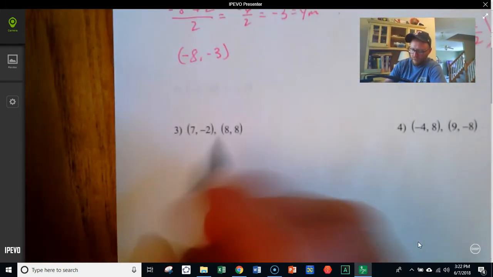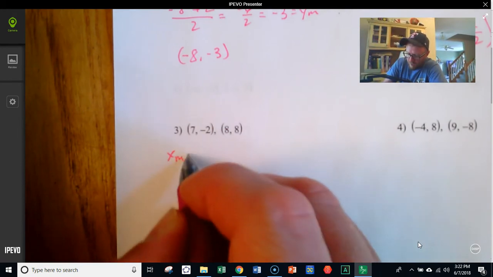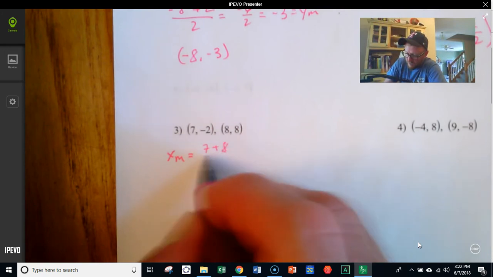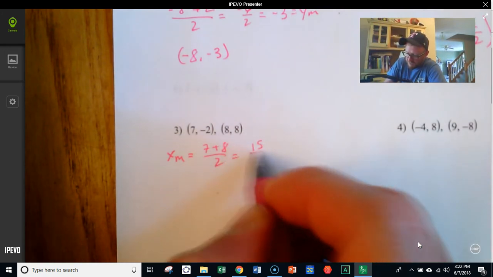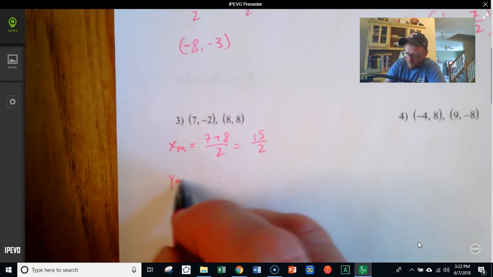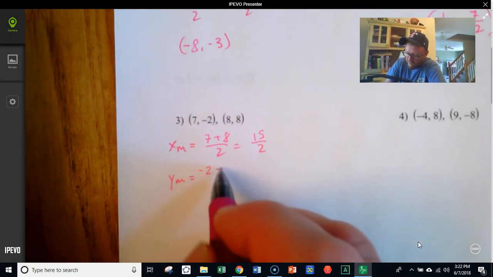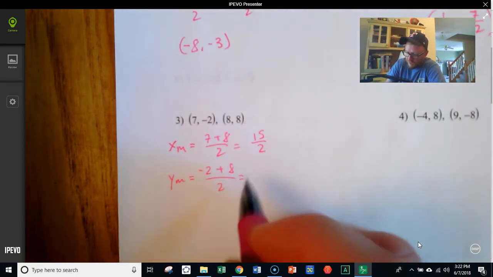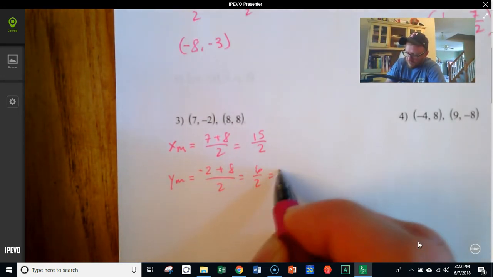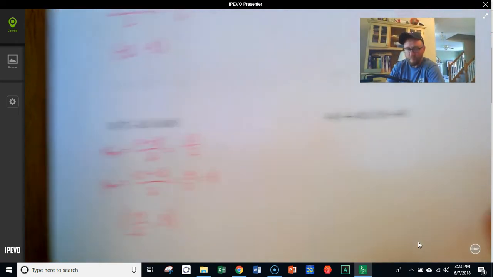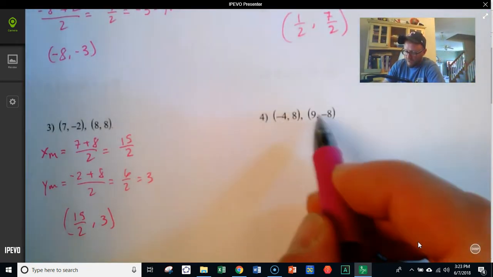Next up, our x-coordinate is going to be 7 plus 8 over 2, which is 15 over 2, which is 7.5. Y-coordinate would be -2 plus 8 over 2. -2 plus 8 is 6 over 2. That's 3. So I get 15 halves and 3. Let's see.